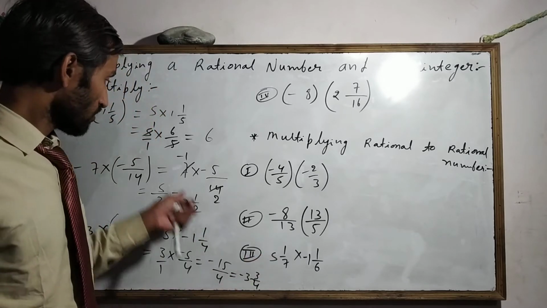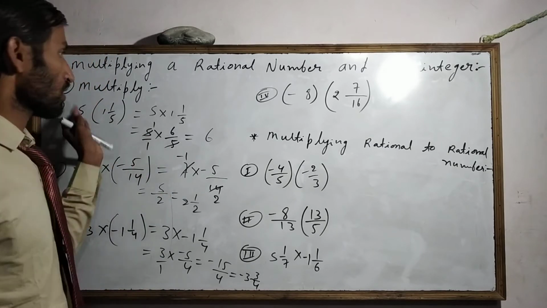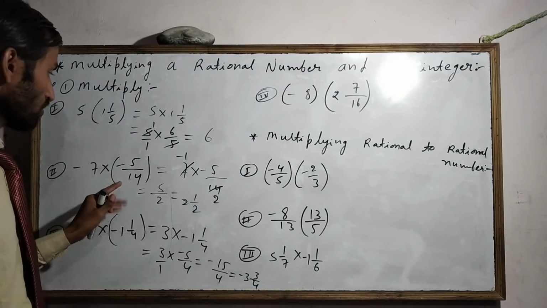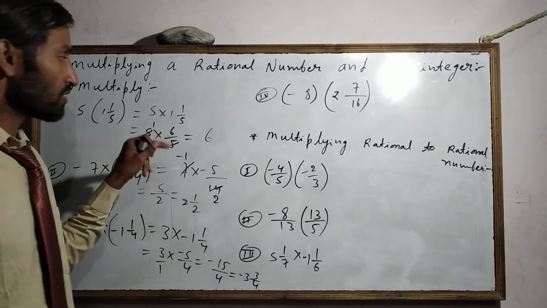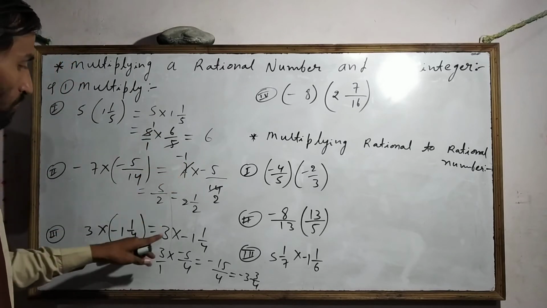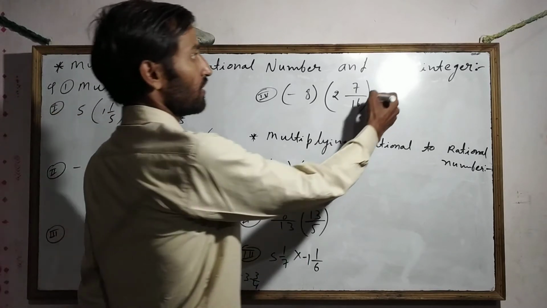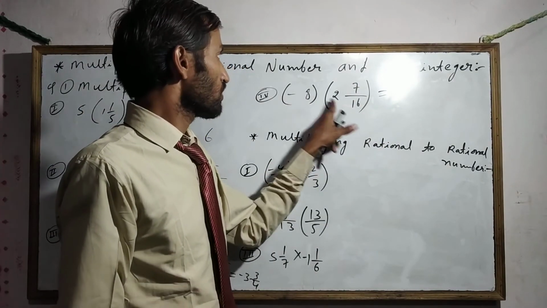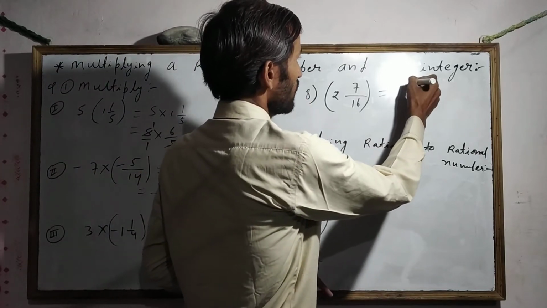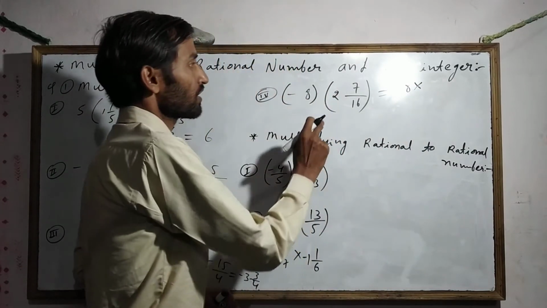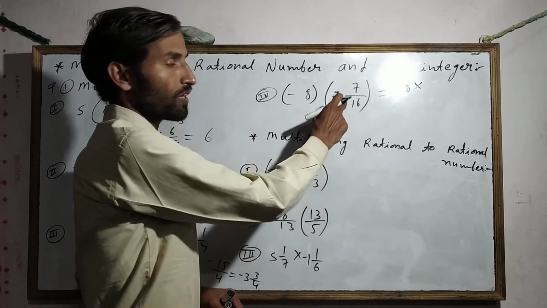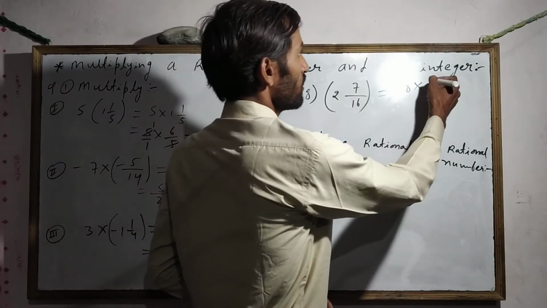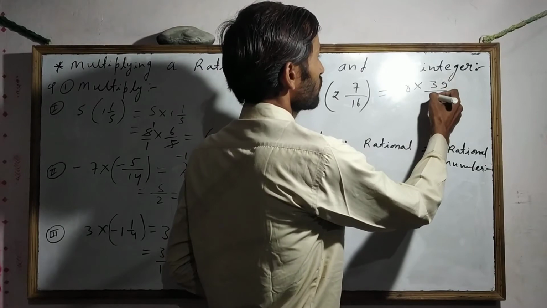Like that you have to follow in whatever integer to rational number multiplication is given. First of all see if cancellation is there, then cancel, then multiply numerator to numerator and denominator to denominator. Next one, again here the integer is negative and the rational number is positive. So minus 8 will come first, then remove both brackets, put multiplication, then remove the mixed fraction also. 16 2 is 32, 32 plus 7, it will come 39 upon 16.